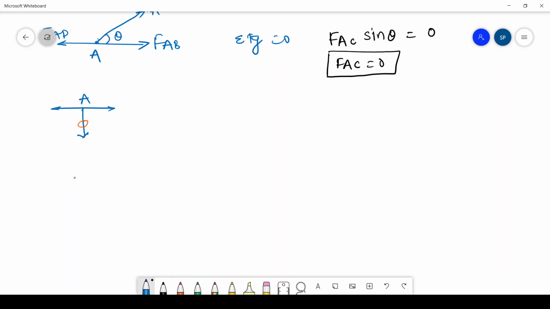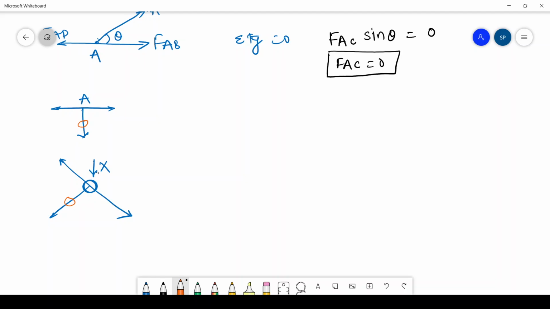Even if a joint like this is there, if no load is acting at this joint, this member force will be 0, and these two members will carry equal and opposite forces.